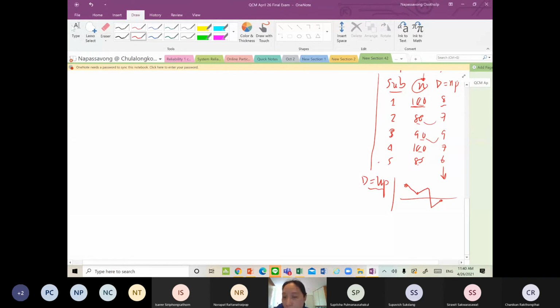And do you think it's fair that we plot or compare the numbers of defective over subgroups like this? If we plot only NP, which is the number of defective, and you say that this number of defective is pretty high, but this number comes from 100 parts, this one, 7, is less than 8, right? But it comes from only 80 parts.